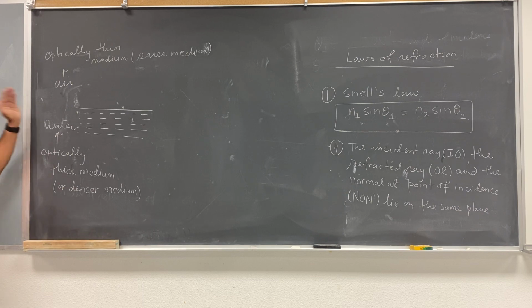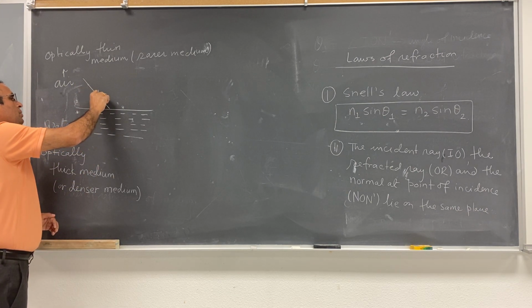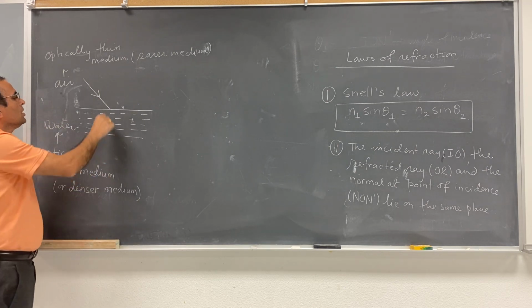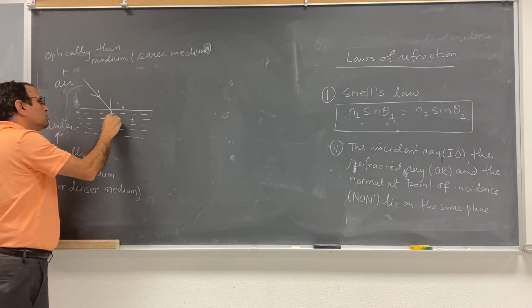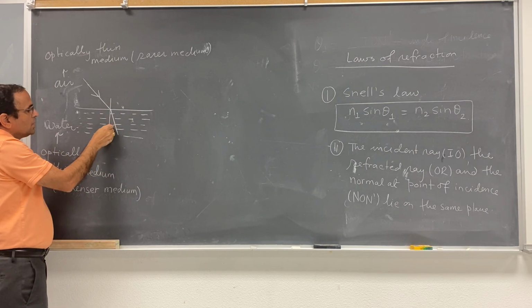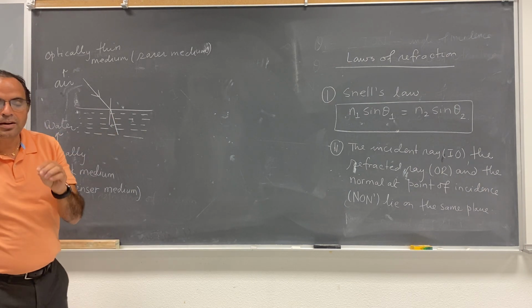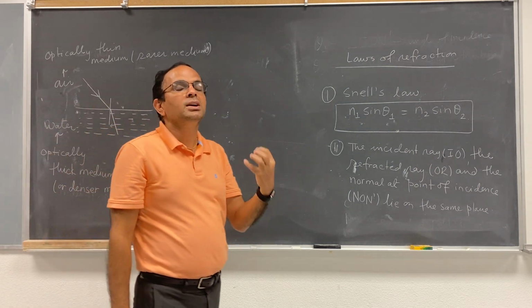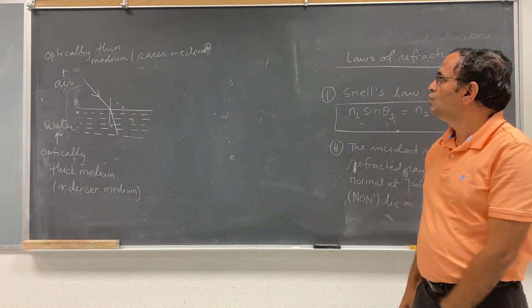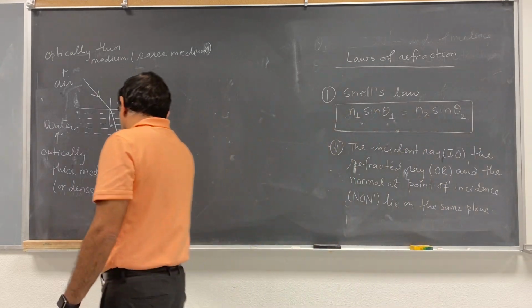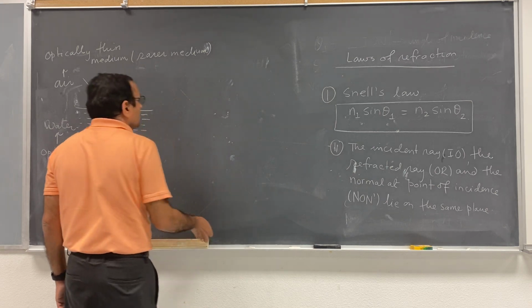So let us suppose light is traveling from air, an optically thin medium, to an optically thick medium. What happens in this case is the light bends toward the normal. Look, it goes this way. If the ray of light is traveling from optically thin medium to optically thick medium, it bends toward the normal. Okay, so let me write that down here, number 3.